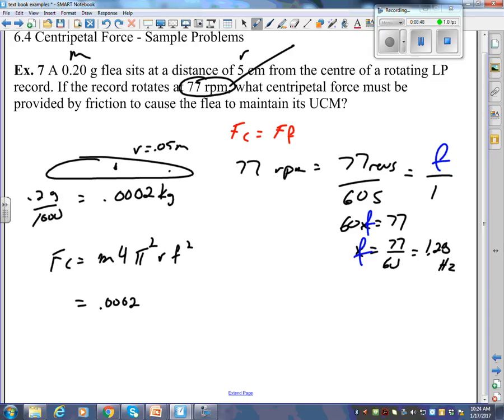Okay, so big long line of numbers here. 0.0002 times 4 pi squared. I'll leave that in brackets. The radius is 5 centimeters. Does that have to be in meters? Now, is this going to be a big number or a small number? It's just a little tiny flea. Doesn't take much friction. Oh, yes, and that is a common mistake, and I just made it.